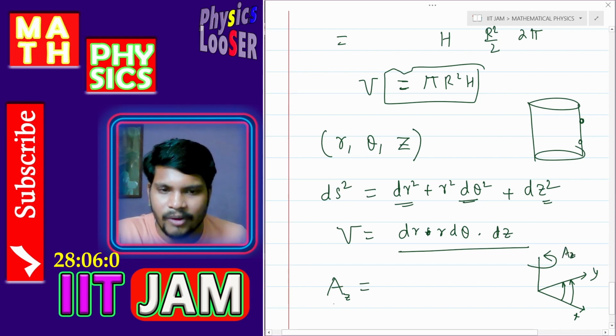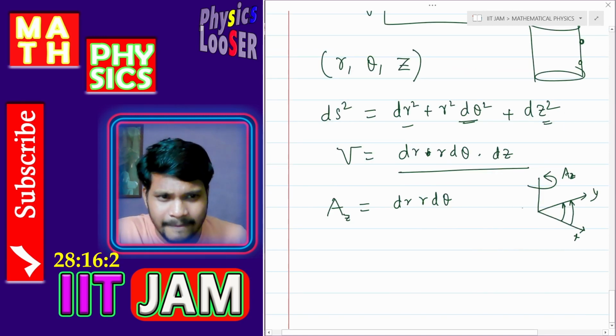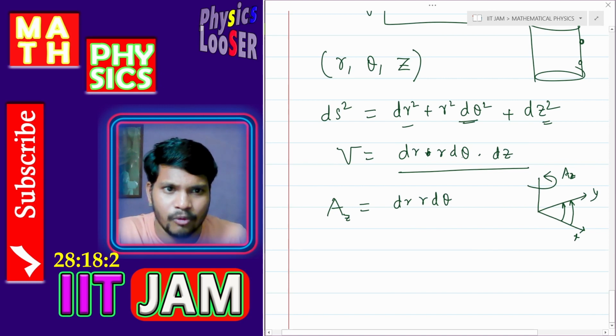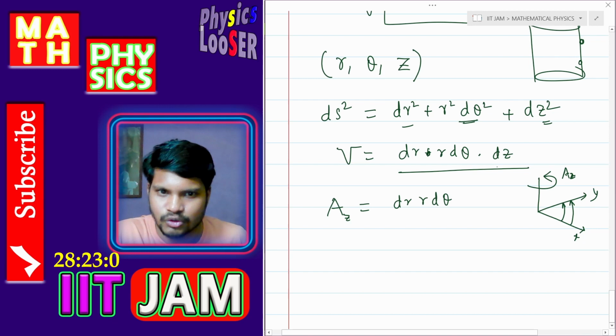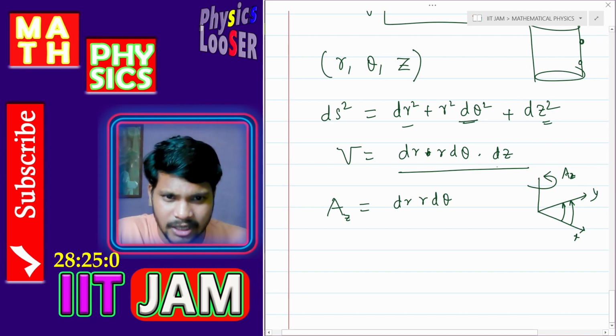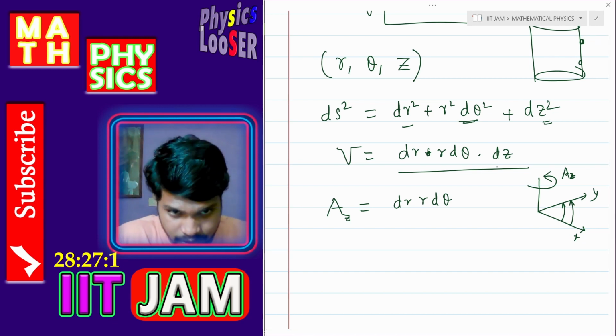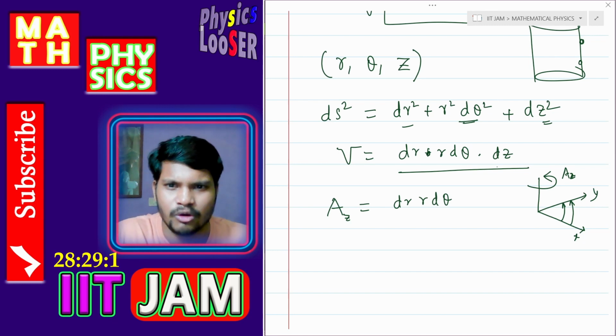If you want to find the area along the z axis, I'm going to take dr and r d theta, and it will give you the area along the z axis. Similarly, you may choose to go from y to z, z to x, z to r, and so on. You can have any combination, and it will give you the area along that direction. Understood? So this is the concept of the cylindrical system.